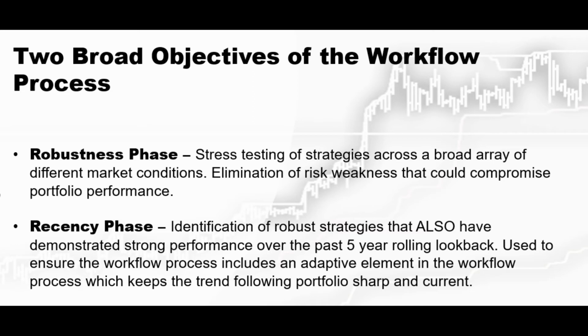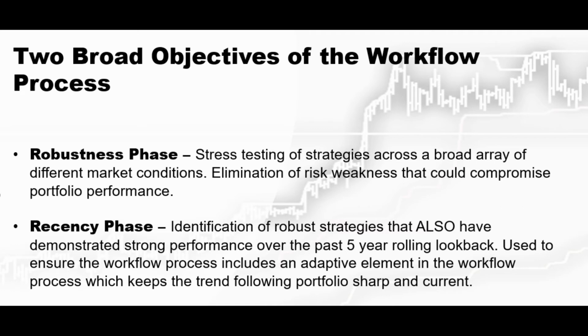and recency. The robustness objective is our first objective, and this is to test for strategy weakness, and we therefore refer to this as the robustness phase of the workflow process. And during this phase, we use a vast array of data sources to rigorously stress test each solution and eliminate those candidates that reflect a risk weakness.